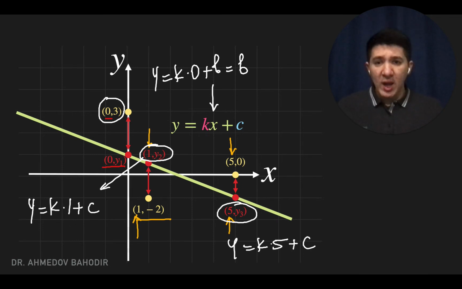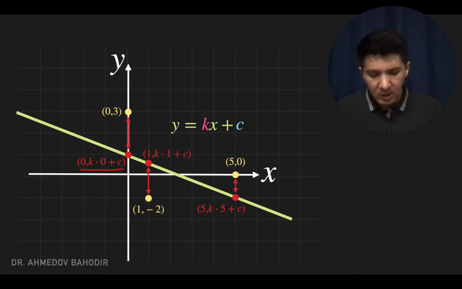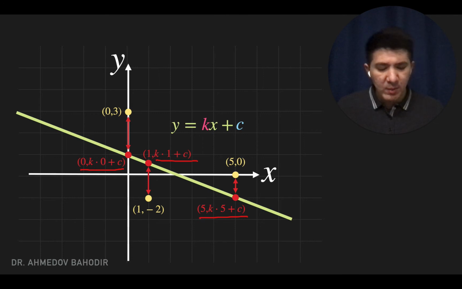Okay, so now we know all of the x and y coordinates of these points along this line. So it's going to be simply c for the first one, k times 1 plus c for the second one, and 5k plus c for the third one. And we obtained the y coordinates of those points by just substituting the x coordinates into the equation of the line.